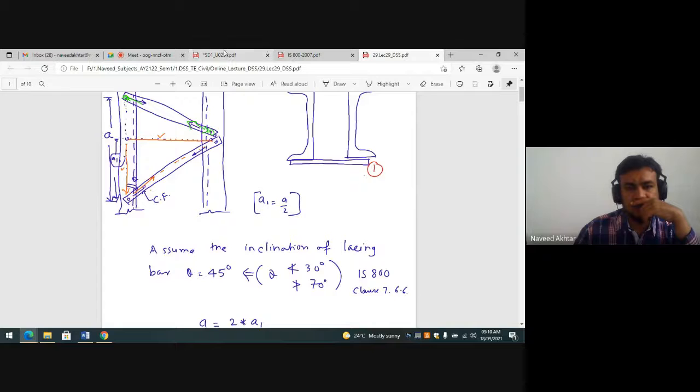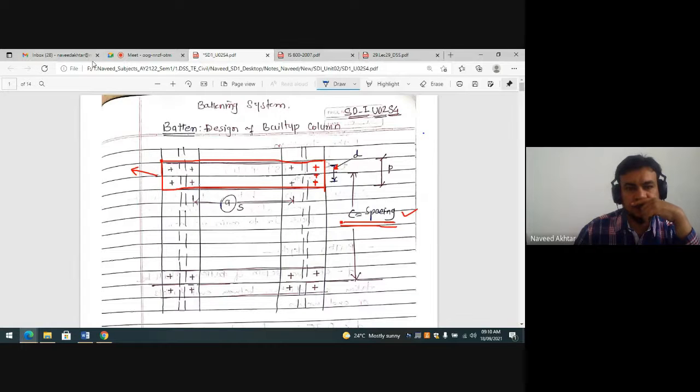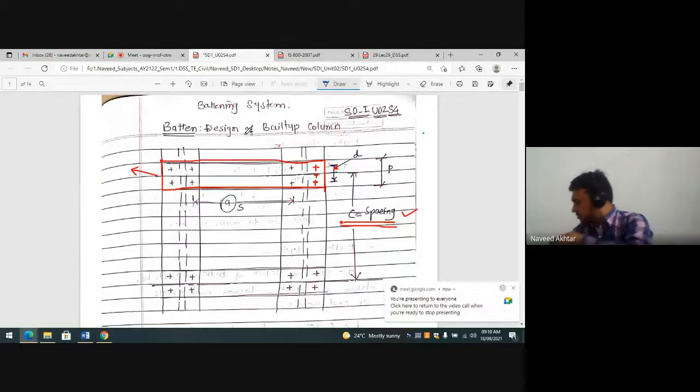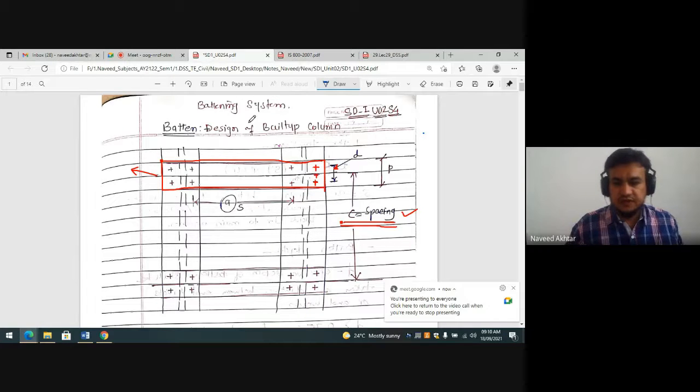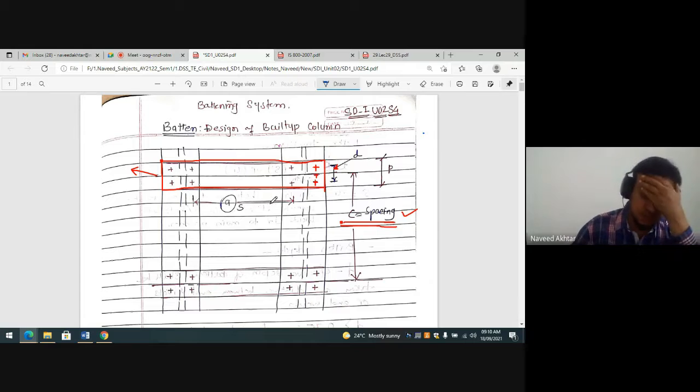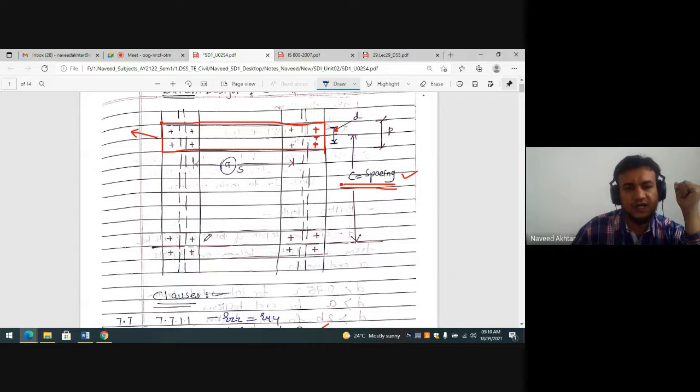Now we will go for the design of battening system. The difference between the battening system and lacing system is that in the battening system only horizontal cross plates are joined.